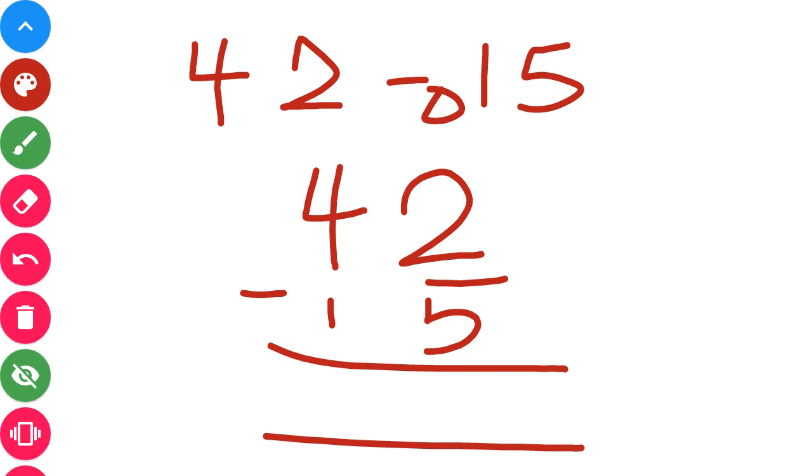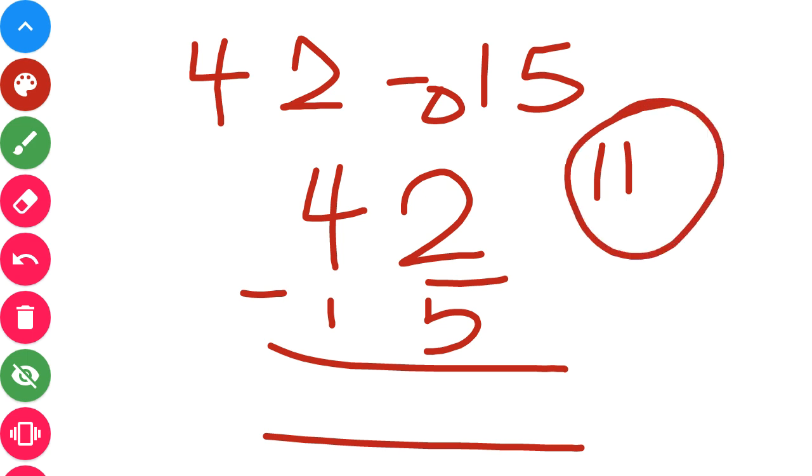Okay? Now kids, as you can see, we have 2 at the ones place. So, tell me, can we subtract 5 from 2? Okay, tell me, you have 2 toffees.